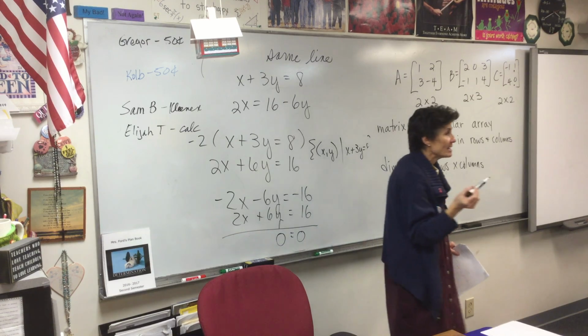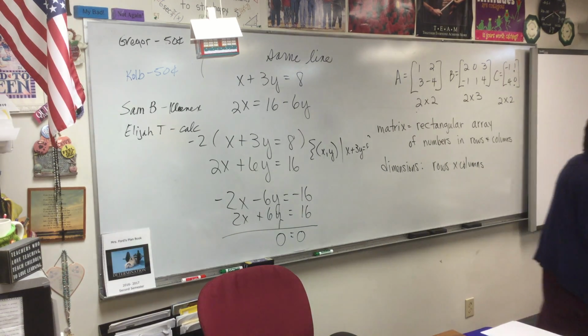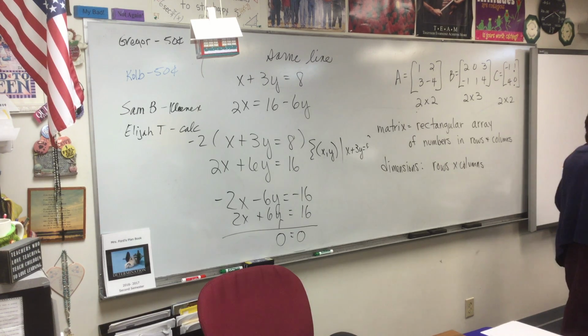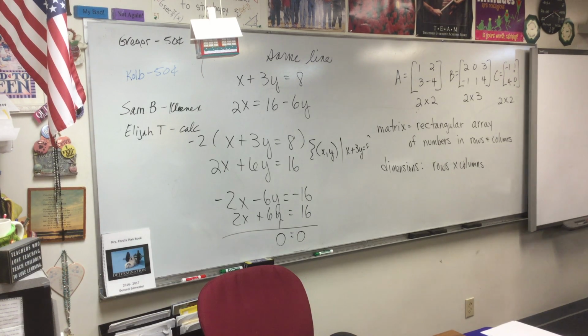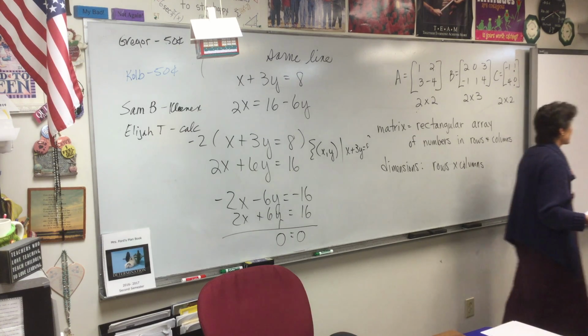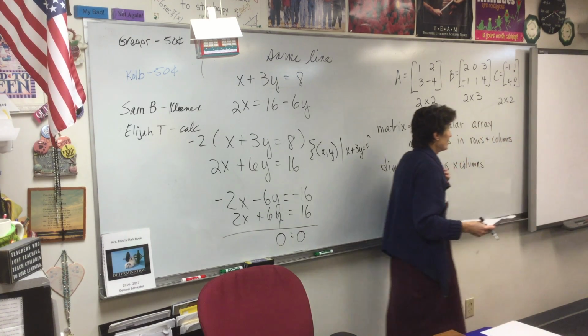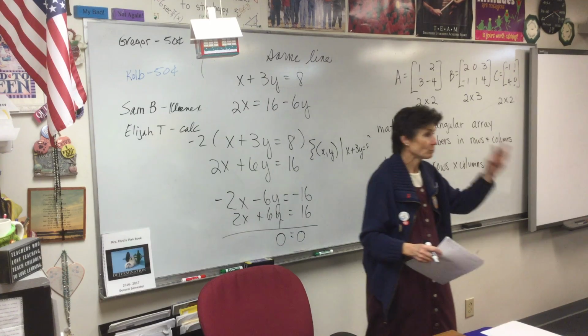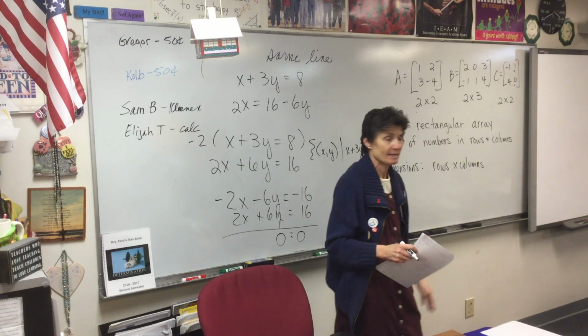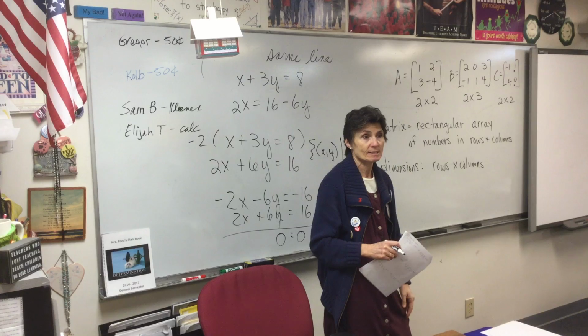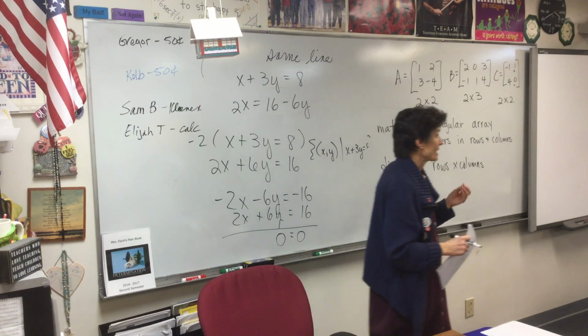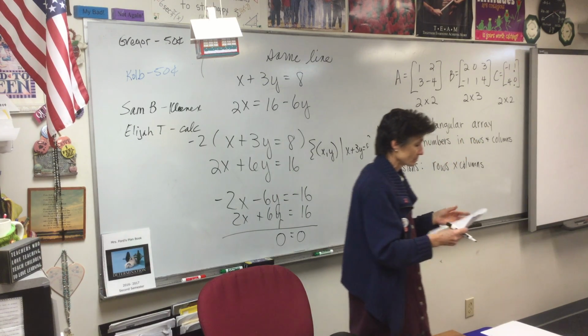If a matrix is a rectangle and its dimensions are the same, isn't that what a square is? So a square matrix has the same number of rows as columns. So it's 2 by 2, 3 by 3, 4 by 4, something like that.